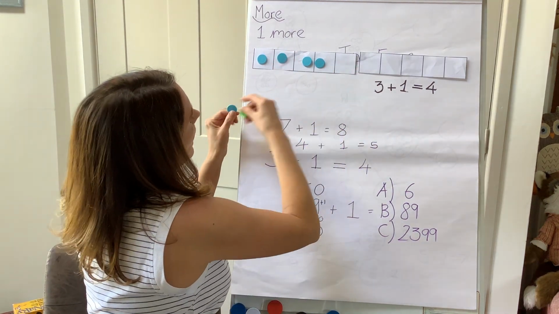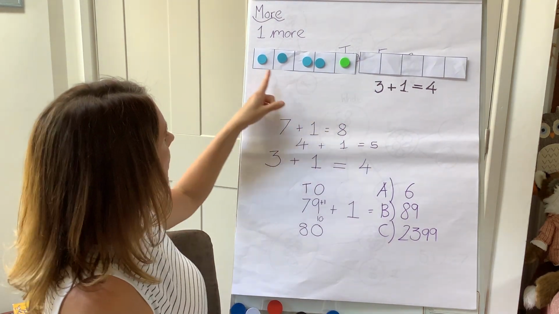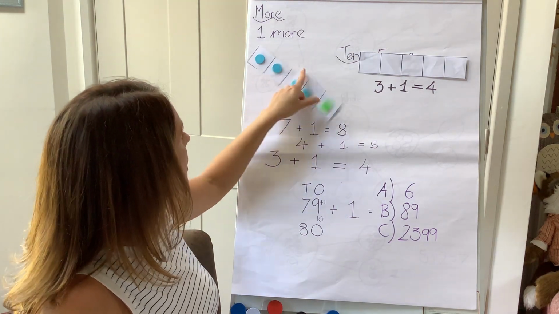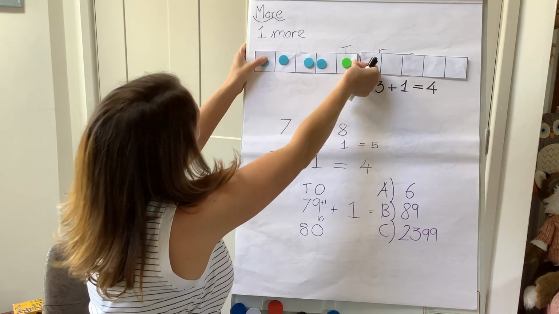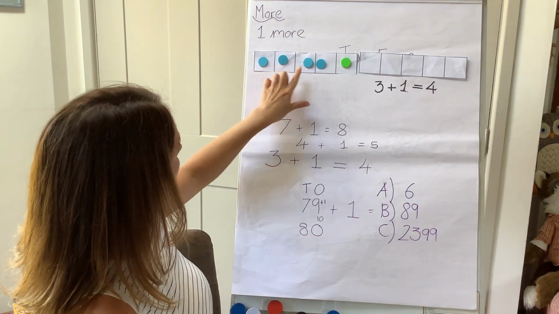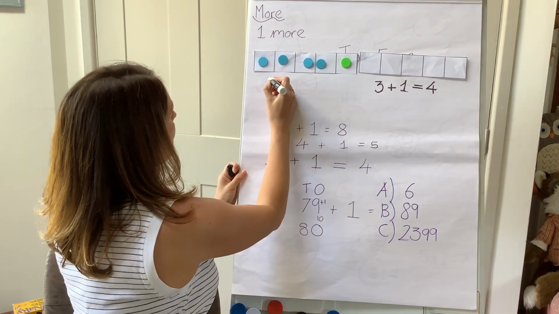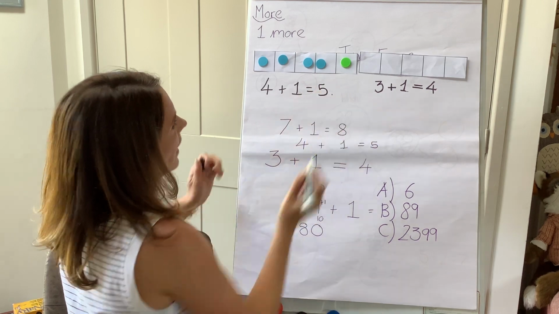So we can use a blue counter and then use a green one to show that's the one more we've added on. We can know there are 4, add one more is 5, or count them 1, 2, 3, 4, 5 all together. And we can write that as a number sentence. 4 add 1 is equal to 5.